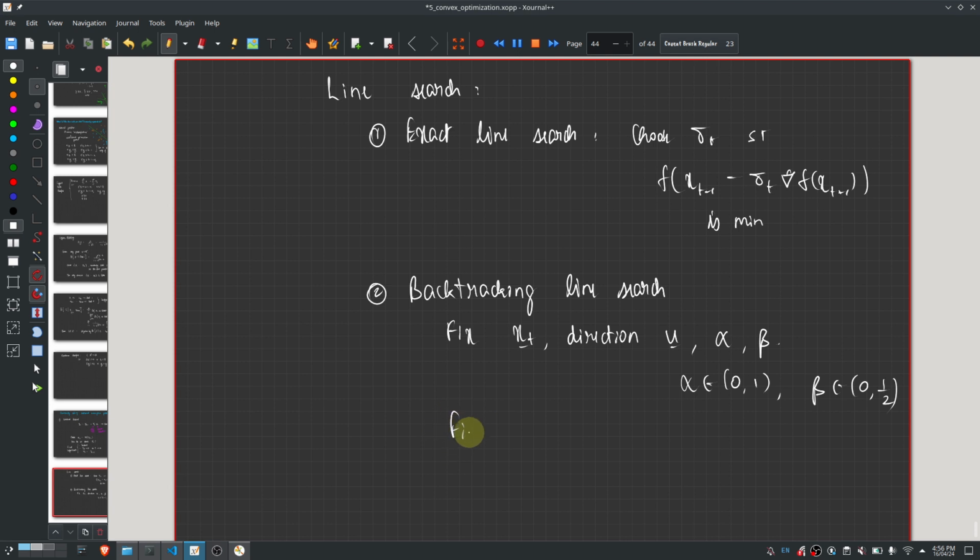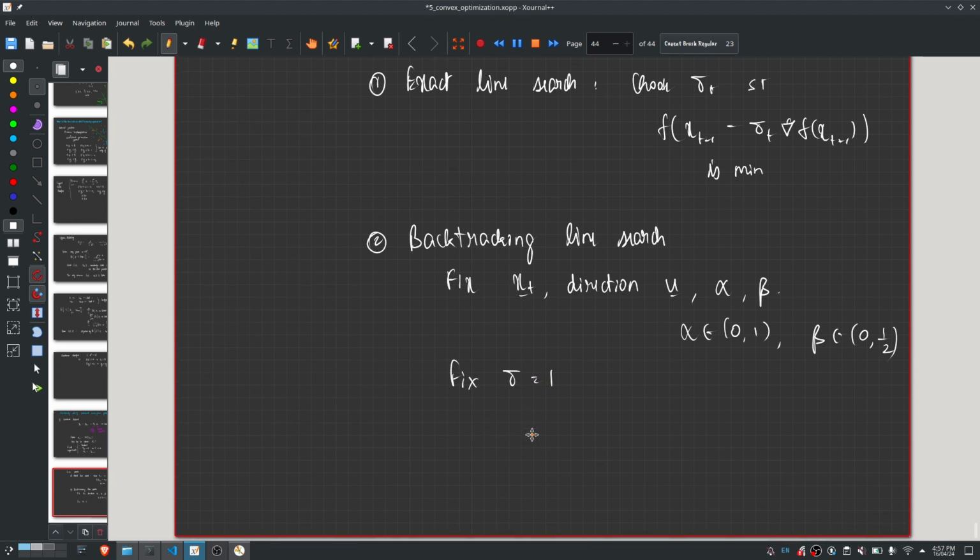You first fix delta to be equal to 1, and you keep decreasing delta every single time such that it's just good enough. And what does good enough mean? You run the following iteratively.